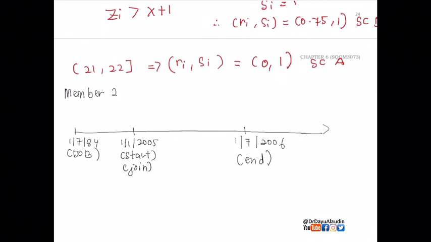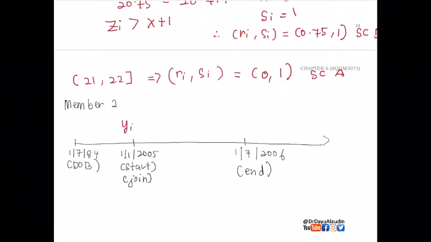How to determine the yi? On 1st July 2005, his age is 21. The difference here is 6 months.